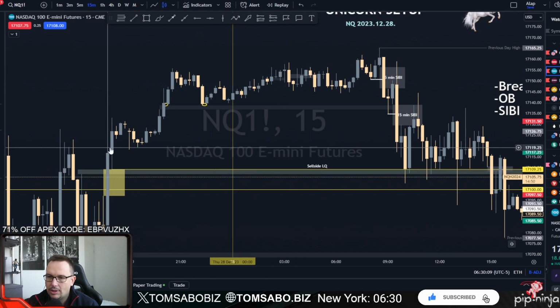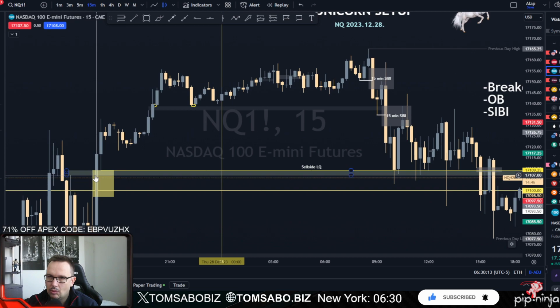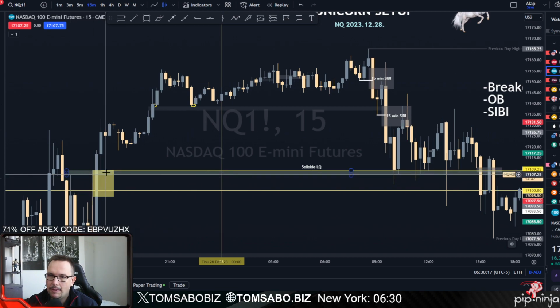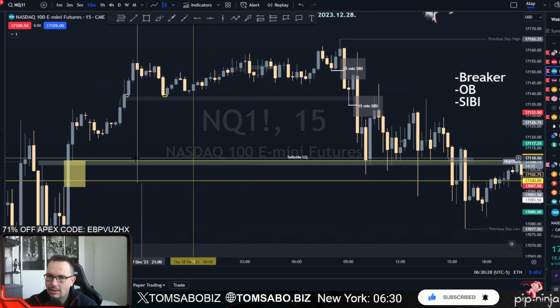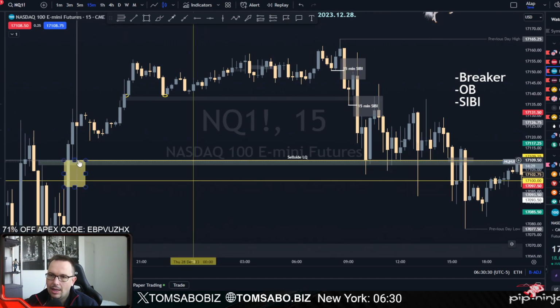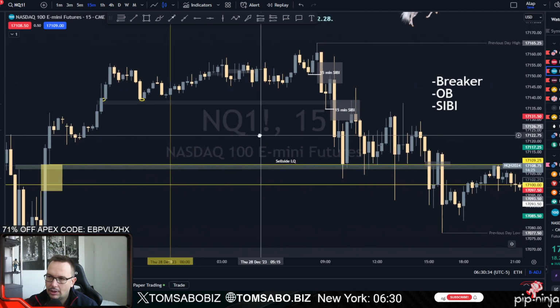And as you can see, on the 27th of December, we had a 1 hour, basically this is a 15-minute fair value gap here, which has buy side imbalance, sell side inefficiency, and we could see this on the 1 hour as well. So this was quite a significant level. I marked it up. So basically, in short terms, this was my sell side liquidity target.